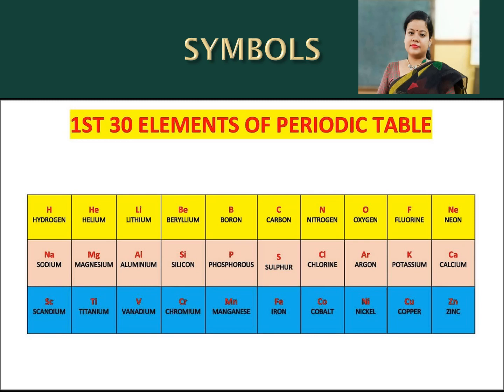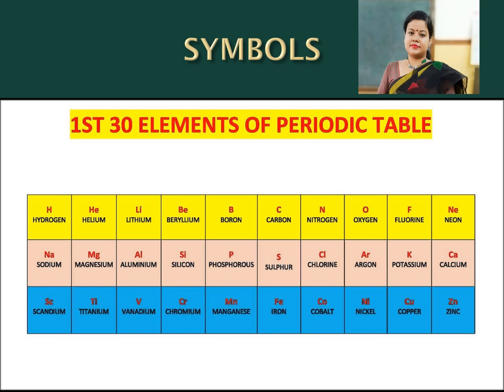There are certain rules for writing the symbols. So we will learn symbols of the first 30 elements in the periodic table. First is hydrogen H, helium He. When two letters are taken, the first one will be a capital letter, the second one a small letter.